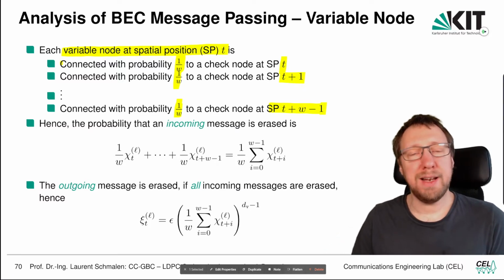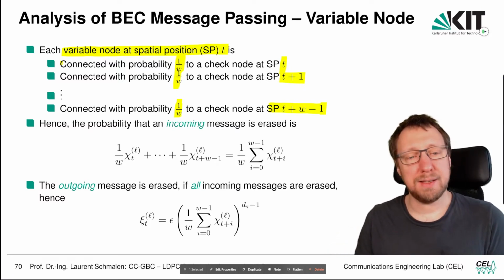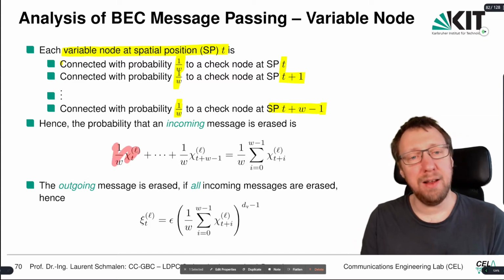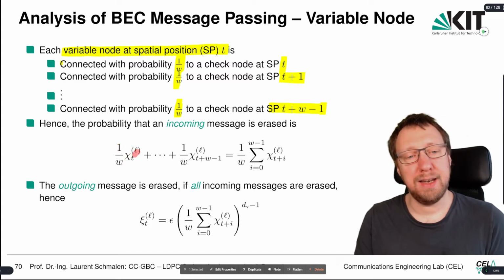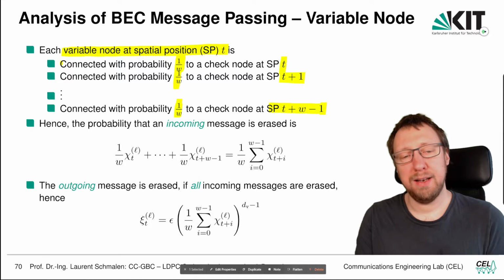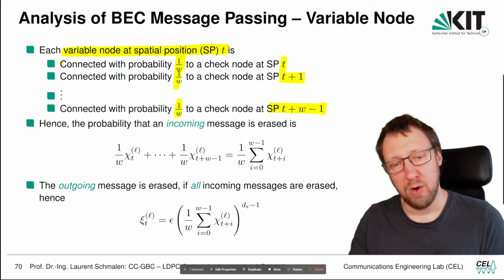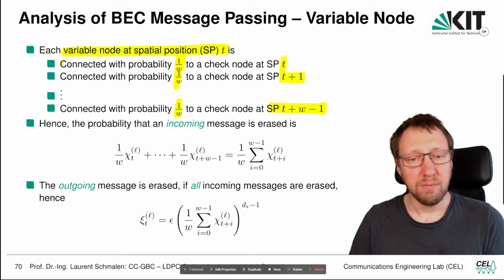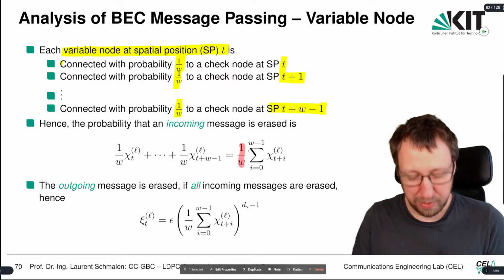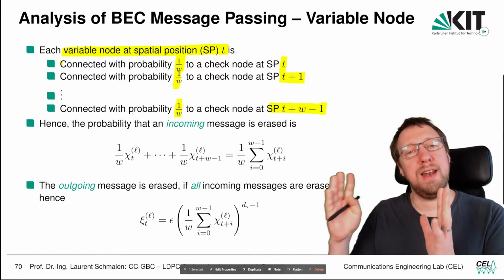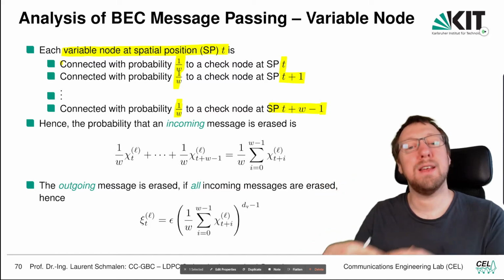So the probability that an incoming message is erased is 1 over W chi_t^l plus 1 over W chi_{t+1}^l plus 1 over W chi_{t+W-1}^l, and so on. So it's the average probability over the W possible spatial positions it's connecting to.